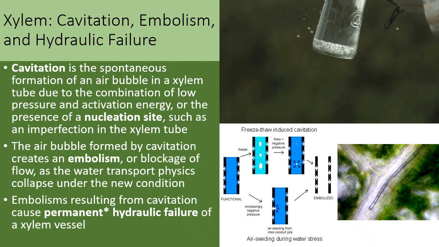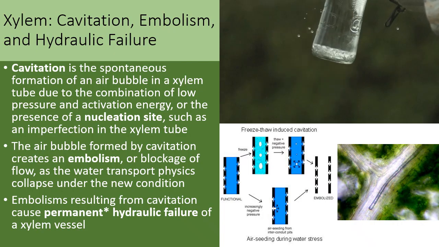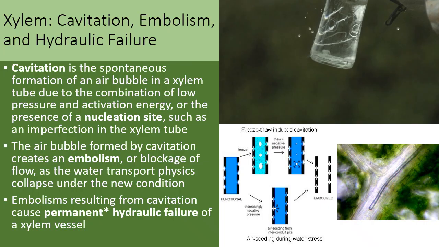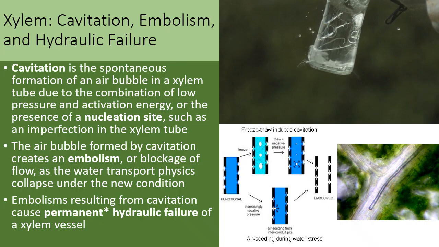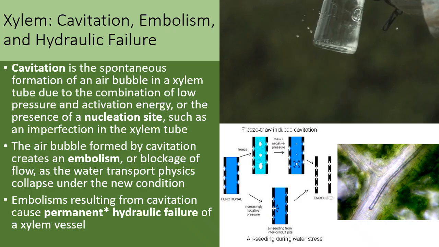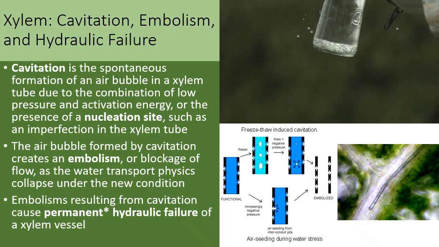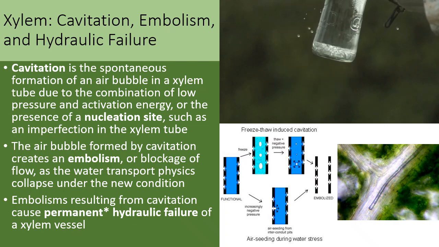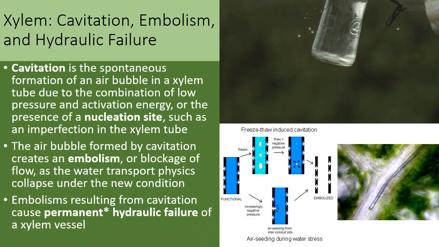And then as it thaws, air bubbles can form on those ice crystals because they provide a nucleation site, and those air bubbles can then embolize a xylem vessel, which the plant does not want, because it reduces the ability of the plant to move water, and therefore the number of leaves the plant can have. The other way that an embolism can occur is through drought.